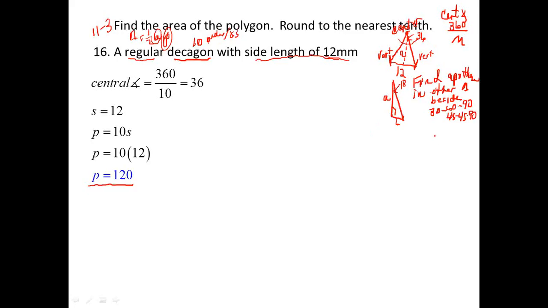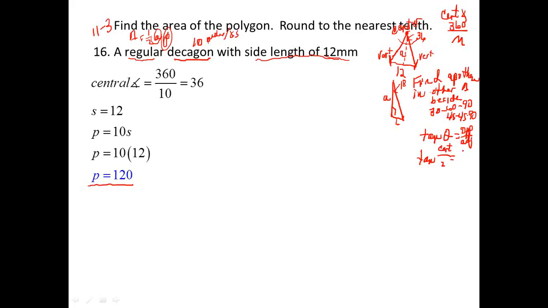So we're going to end up using tangent of the angle equals the opposite over the adjacent. Don't need to know the other one. In this case, the theta is about half the central angle.